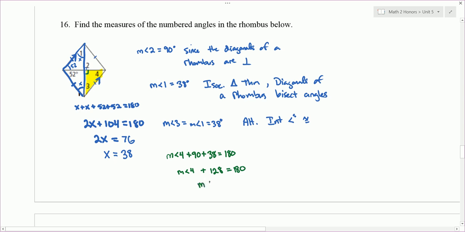Subtract 128 and you get the measure of angle 4 is 52 degrees.